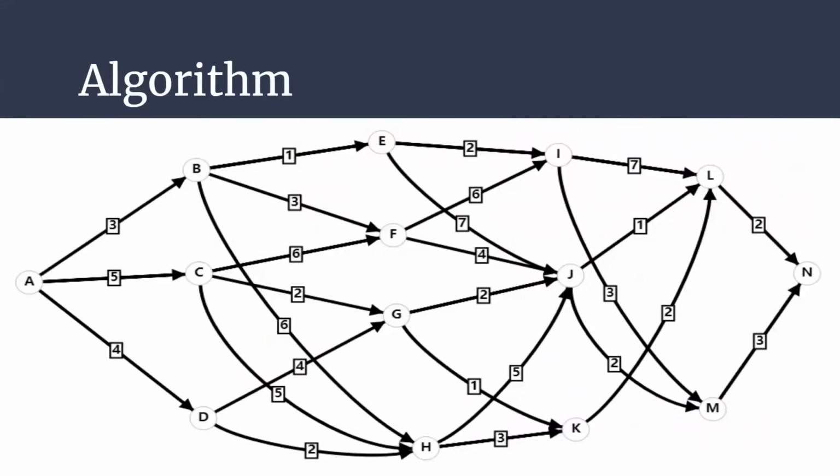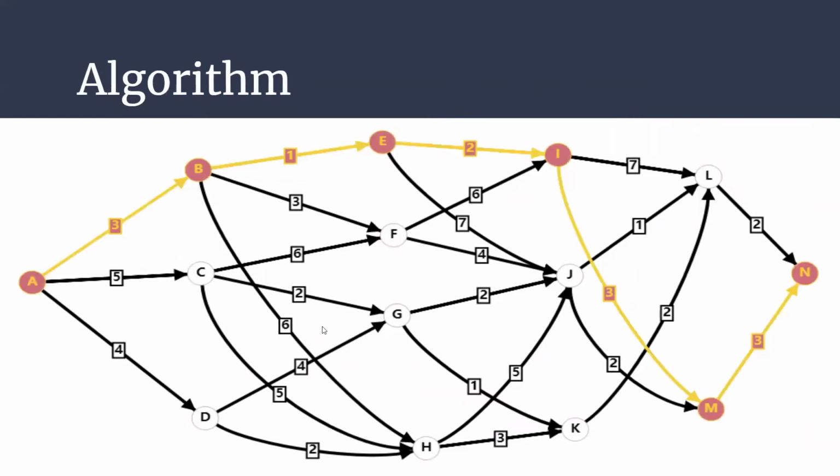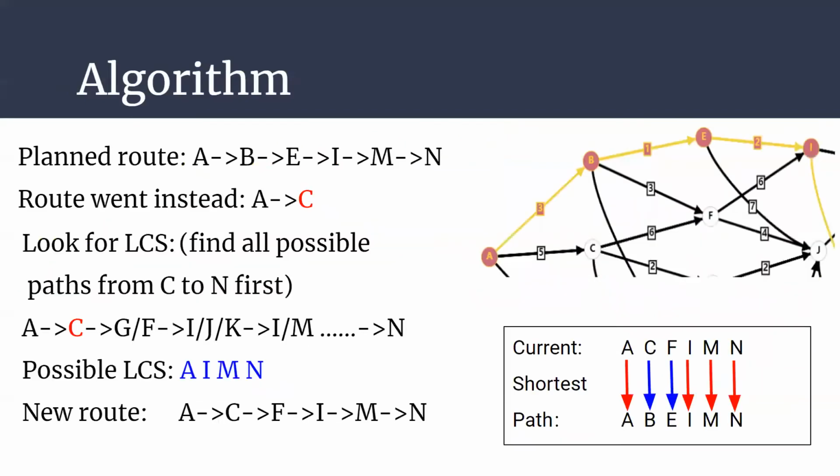However, in real life, the graph will be more complicated. First, we need to find the shortest path. The shortest path is from A to B to E to I to M to N. However, if the driver accidentally goes the wrong way, for example A to C, in this case we will find all possible paths from vertex C to vertex N. Then we compare the shortest path with all possible paths from C to N to find the longest common subsequence.